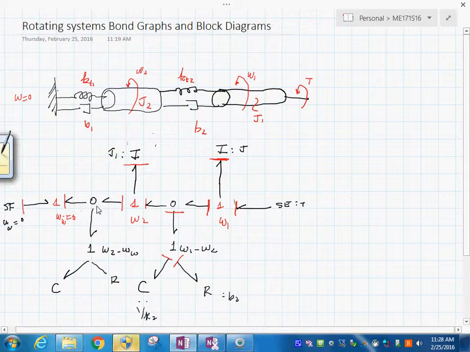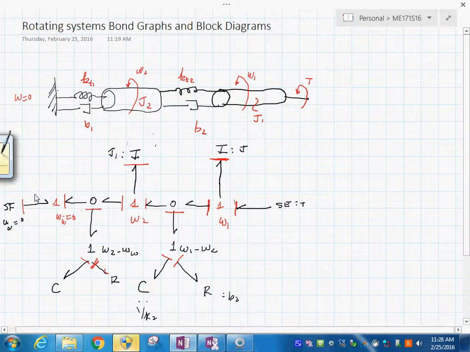Next thing I need to do is put numbers because I need to refer to the bonds. I am going to change colors once more and use blue numbers.